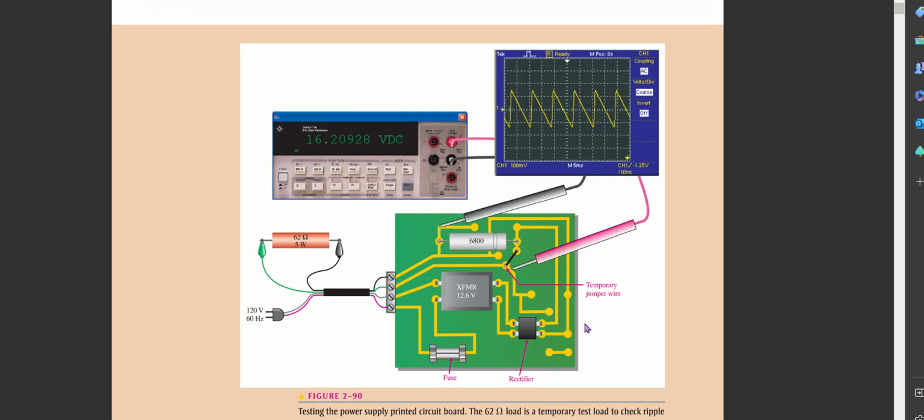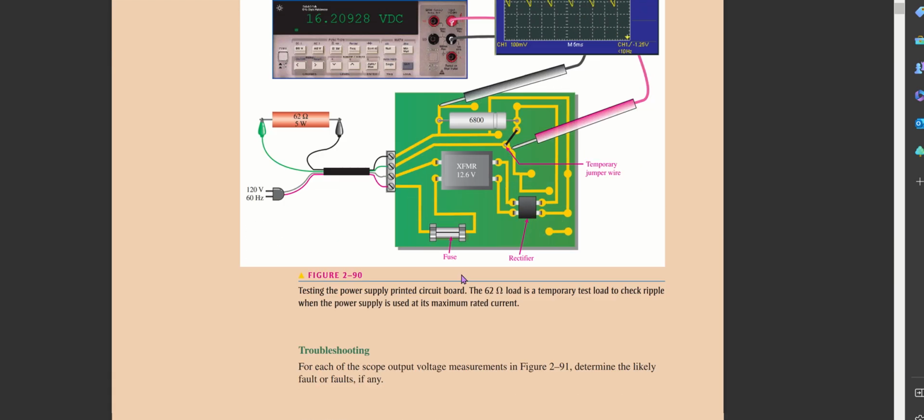While creating the PCB for a DC generator, it would look a bit like this, and for the wave, we would connect the oscilloscope like this, and the probes to the PCB like this.